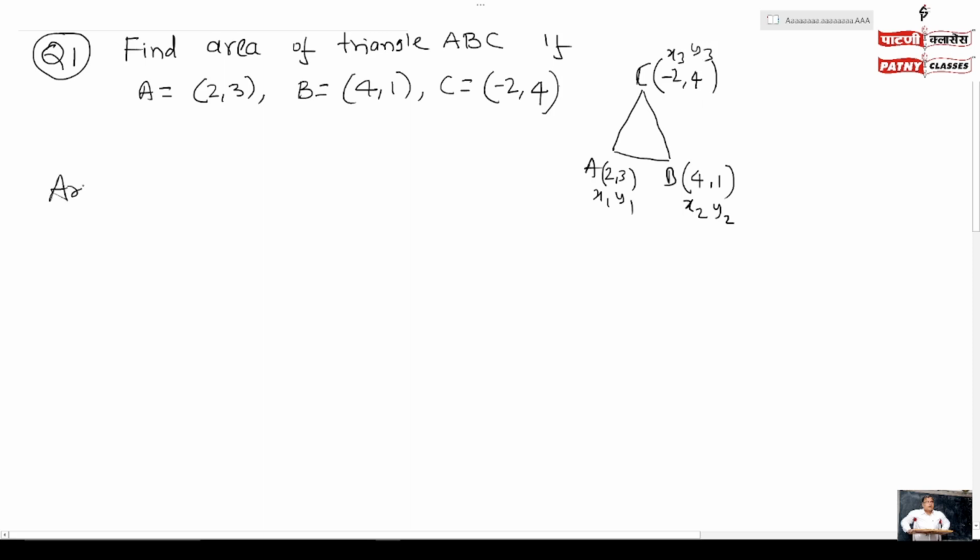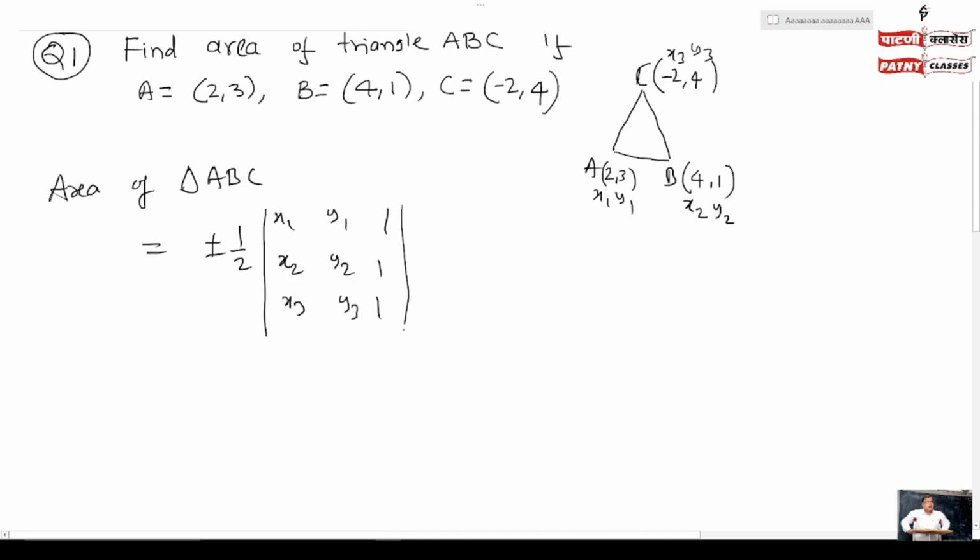Now area of triangle ABC equals plus or minus half determinant x1, y1, 1, x2, y2, 1 and x3, y3, 1. This is the formula to get area of triangle. Plus or minus half and 2, 3, 1 and 4, 1, 1 and minus 2, 4, 1.